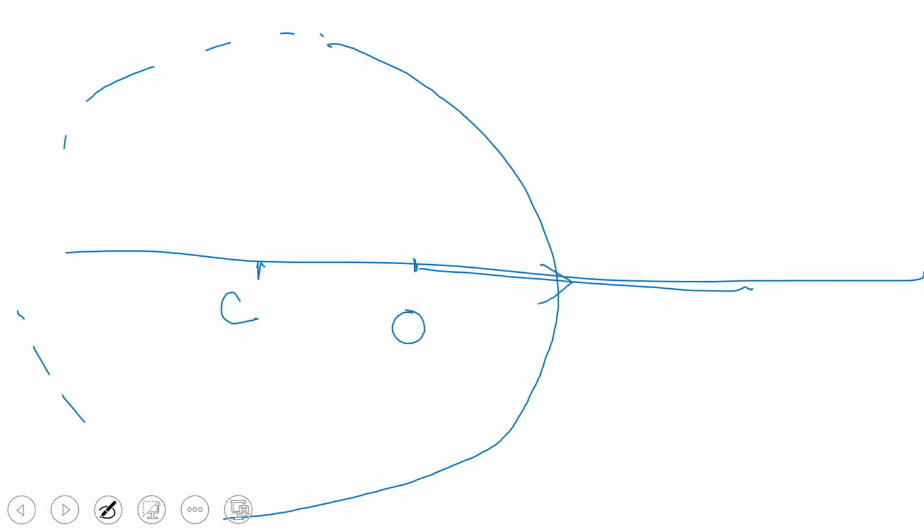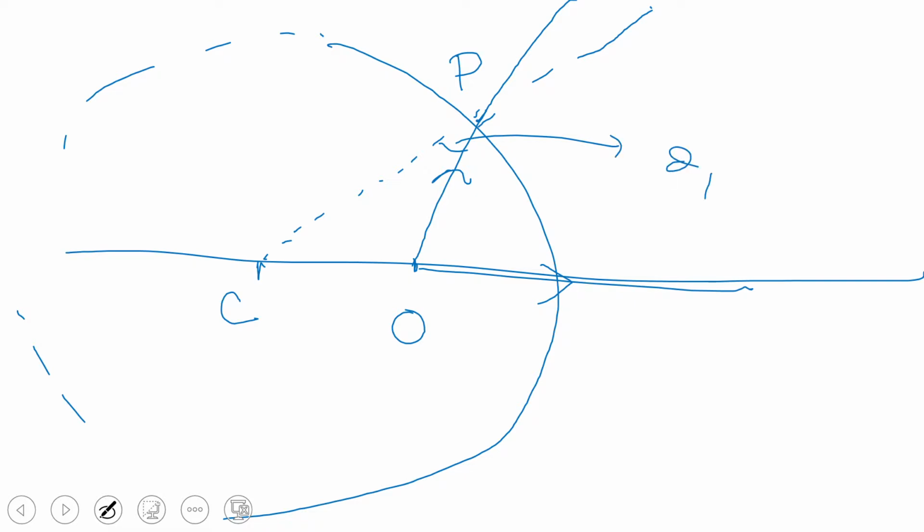Another ray is incident at point P. It gets refracted, and the angle is measured with respect to the normal going through the center of curvature. So it is going to go this way. This is theta 1. And if I extend this refracted ray here, this is where my image would form.